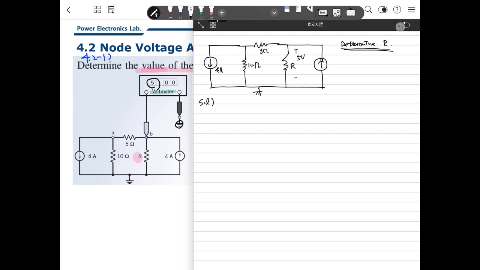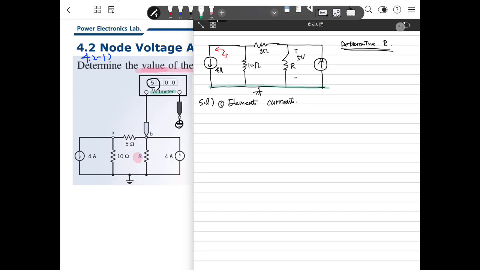The solution is, first, we should define the element currents. So I make the name of each current. How many nodes are there?